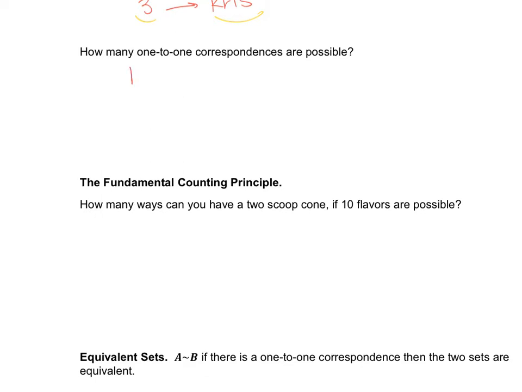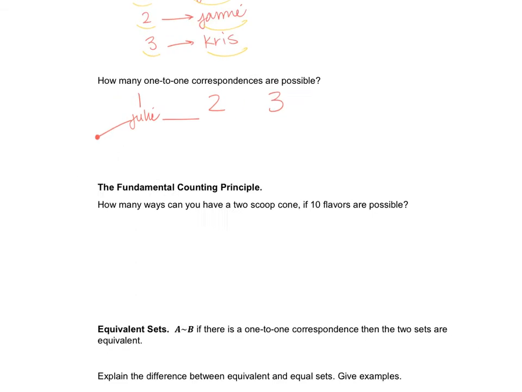You're assigning an element from the first set, we'll say 1, 2, and 3, to the elements in set B. So let's think about, okay, I'm going to start here, and I want to come up with one of those correspondences. I could assign number 1 to Julie, which is what I did, so that could be the path I take. And then from there, I could choose, who did I choose?